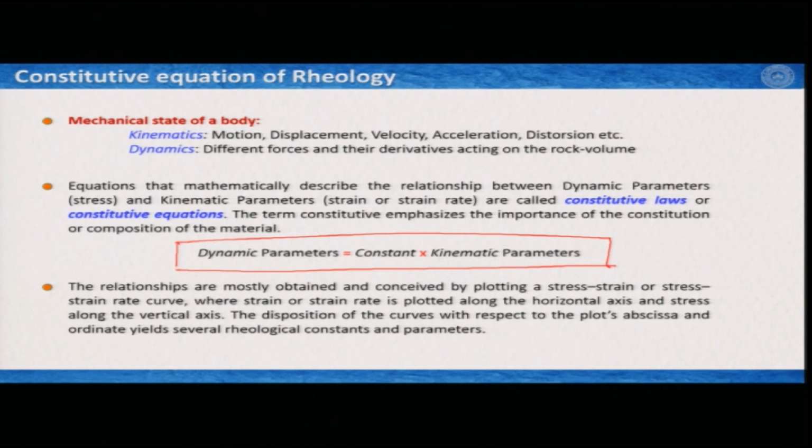So if I try to write in general, any rheological equation should have a form like this: dynamic parameters, kinematic parameters should be equated by a constant, right? And if you see that, this is probably coming to the second law of Newton, where force is equated to the acceleration multiplied by mass, where acceleration is your kinematic parameter, mass is a constant, and force is one of the dynamic parameters.